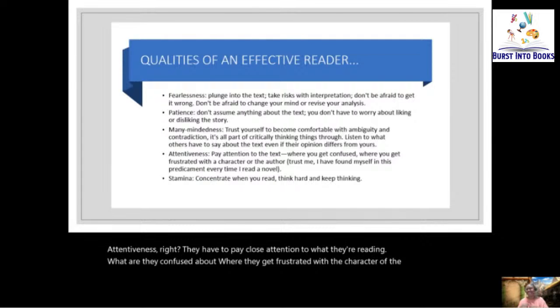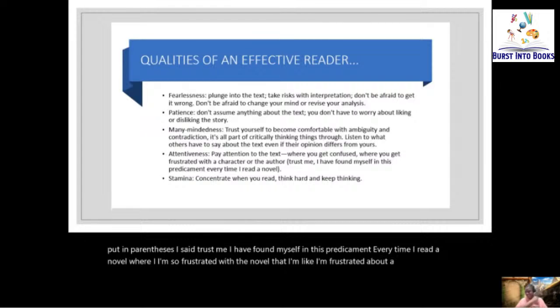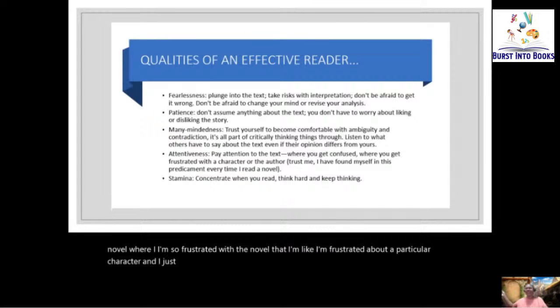And I put in parentheses, trust me, I have found myself in this predicament every time I read a novel, where I'm so frustrated with a particular character that I just fling the book and walk away, because I need a break from this character. I can't deal with it. And then I go back to it because I want to know how the novel ends.